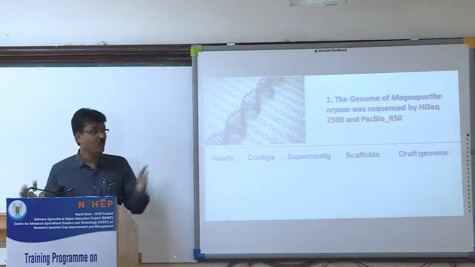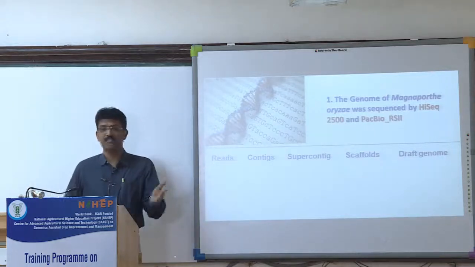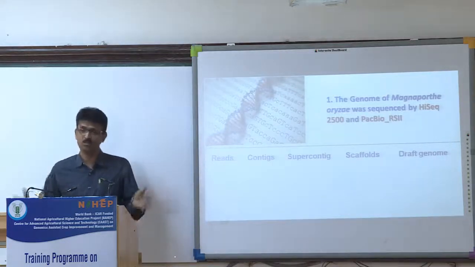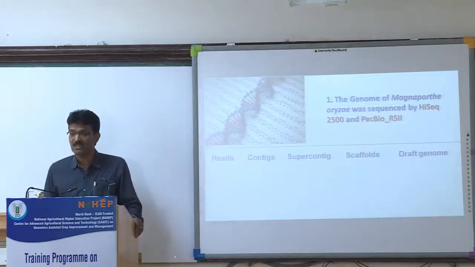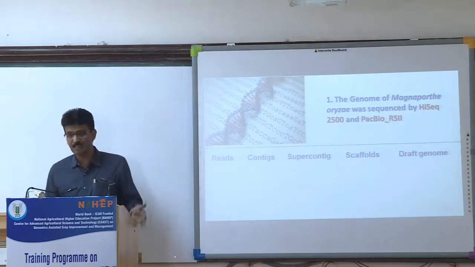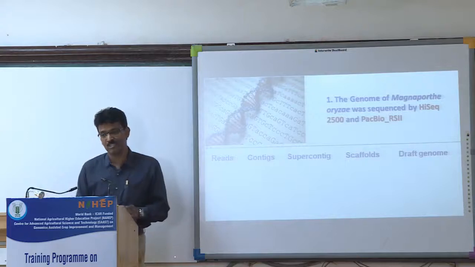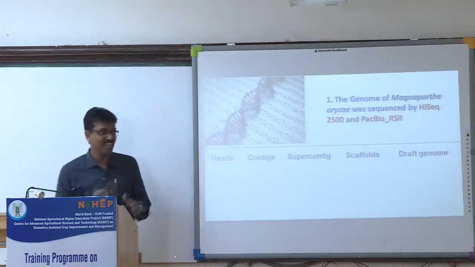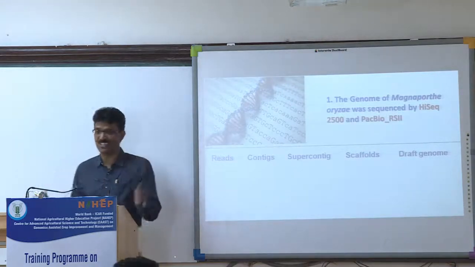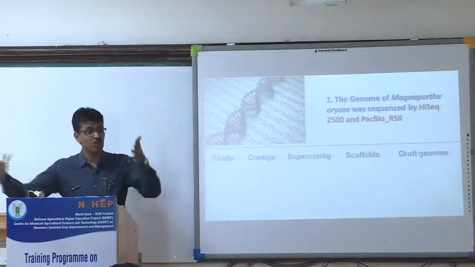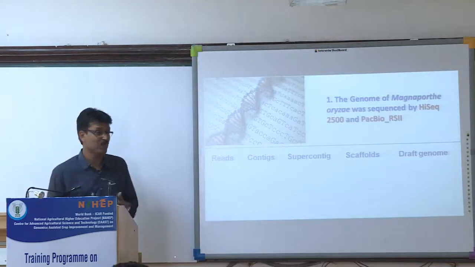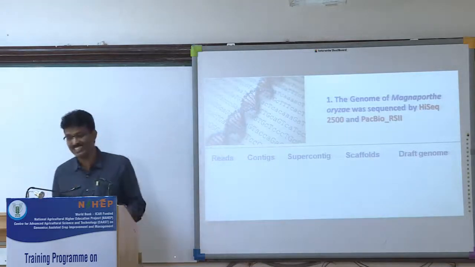A long read can be anywhere from 8,000 bases and goes up. The advantage is that short read technologies are by and large called high accuracy technologies, and long read technologies are called high throughput technologies. Both are equally important. You need quality and also quantity.